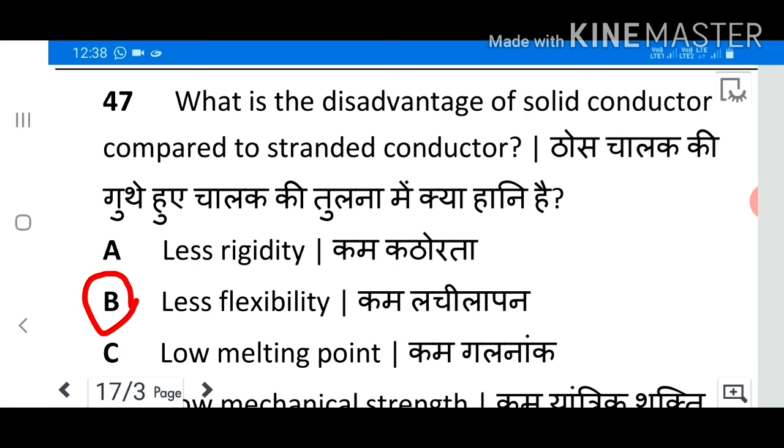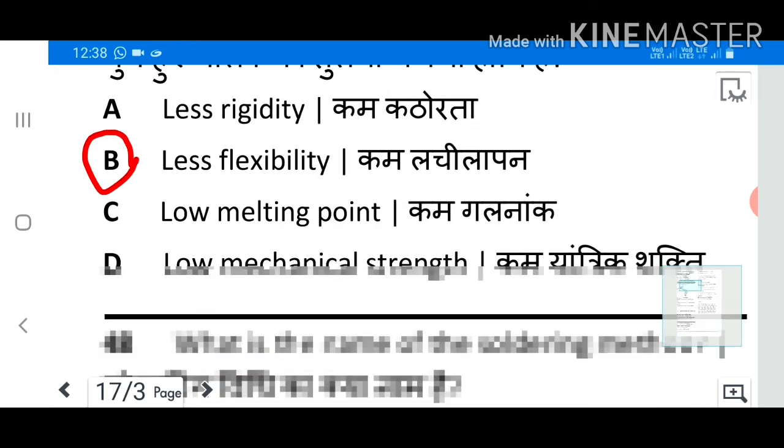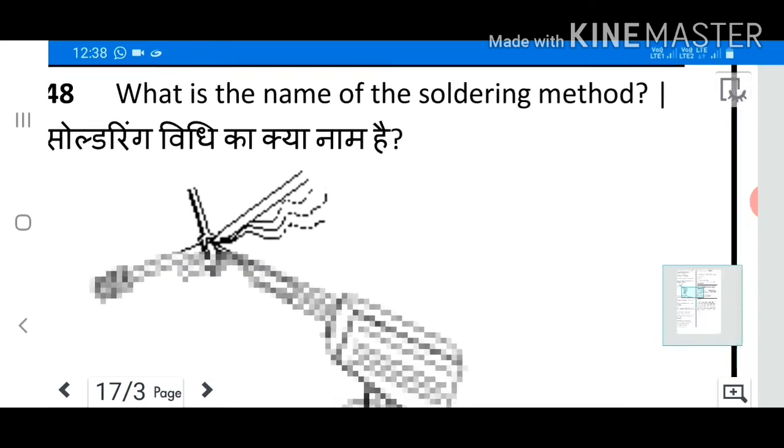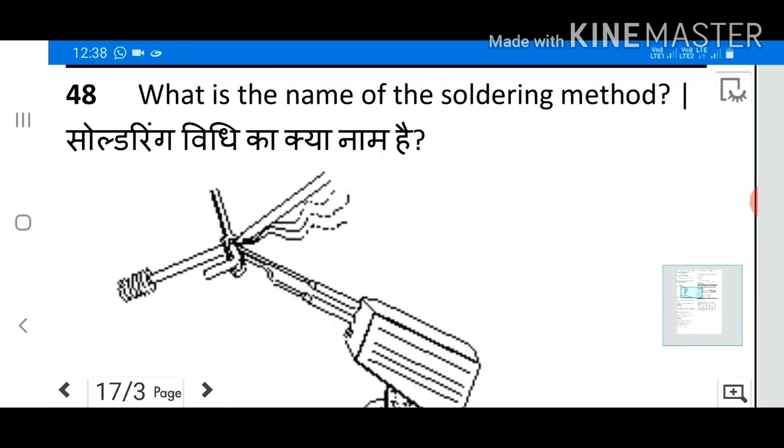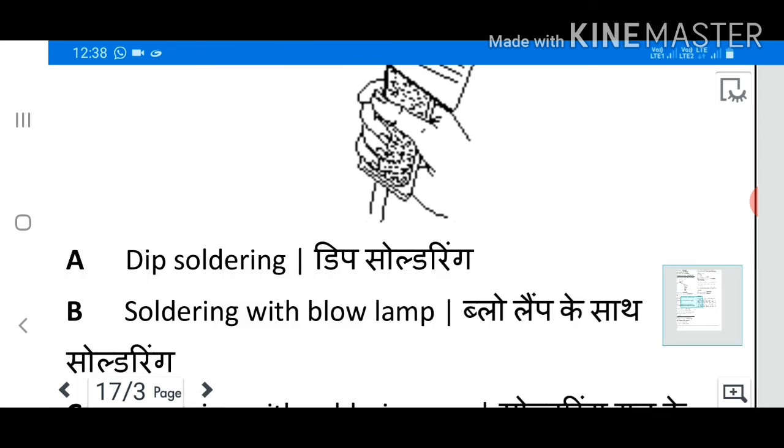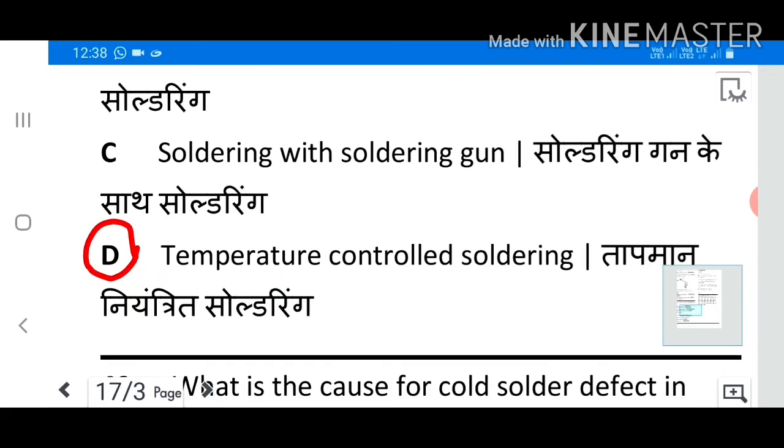Answer B. Less flexibility. 48. What is the name of the soldering method? Answer D. Temperature controlled soldering.